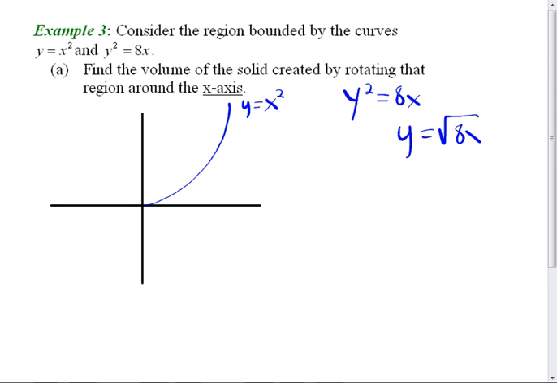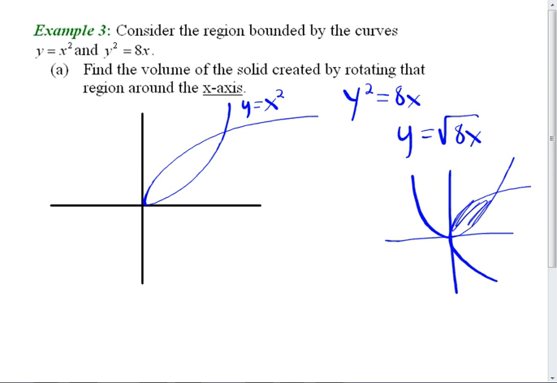Just the top part, because the parabola, which looks like this, and the square root, which looks like this, because you have plus and minus, it's just that region we're dealing with. It's the only place to intersect. So then I'm going to do this. And I'm going to take that little region there and rotate that around the x-axis.